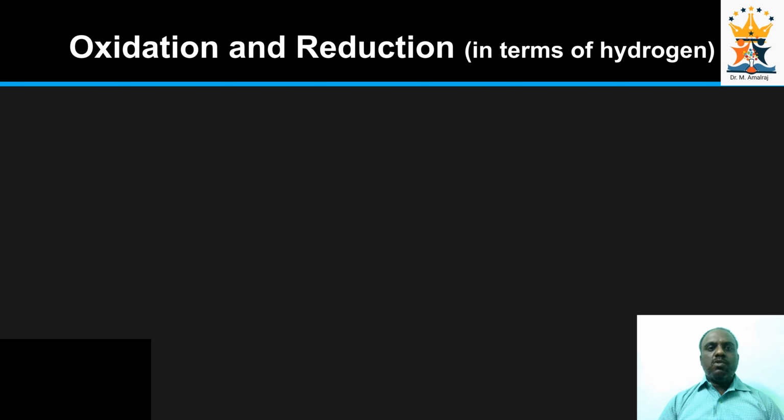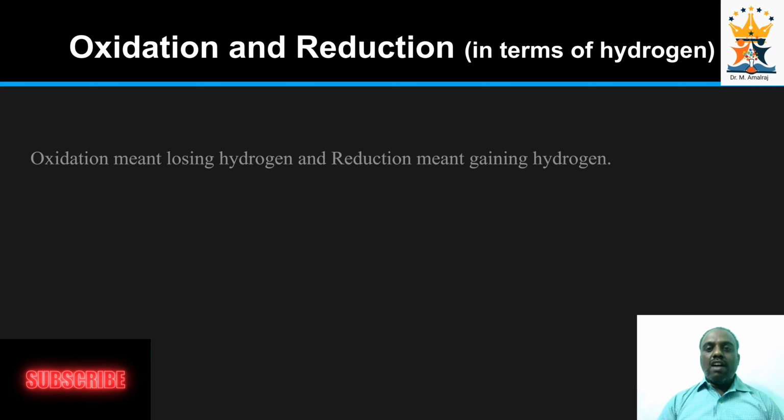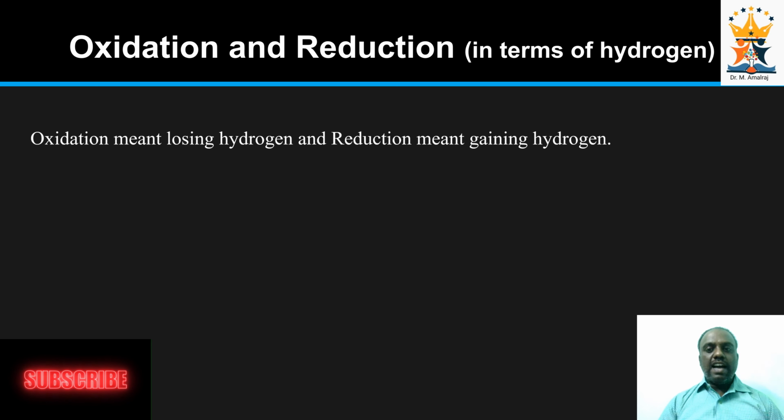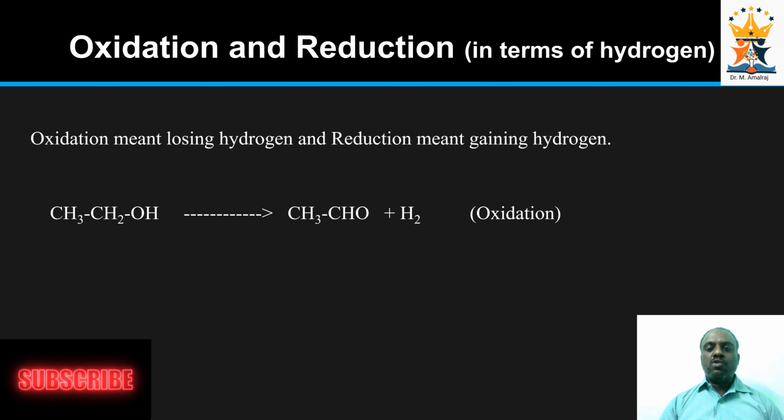Now let us discuss oxidation and reduction in terms of hydrogen, which is exactly opposite to the definition in terms of oxygen. Here oxidation means losing hydrogen and reduction means gaining hydrogen. Let us see a typical example. Ethanol is oxidized to acetaldehyde.